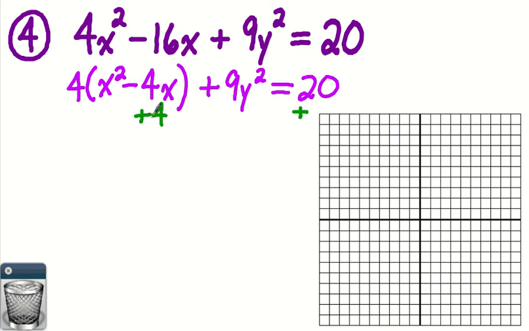If I'm adding 4 to the inner workings of this bubble, since there's a 4 out here, aren't I really adding 16 to the entire left side? Because anything in this bubble is going to essentially get multiplied by 4. So I actually have to add 16 to the other side to balance this out.